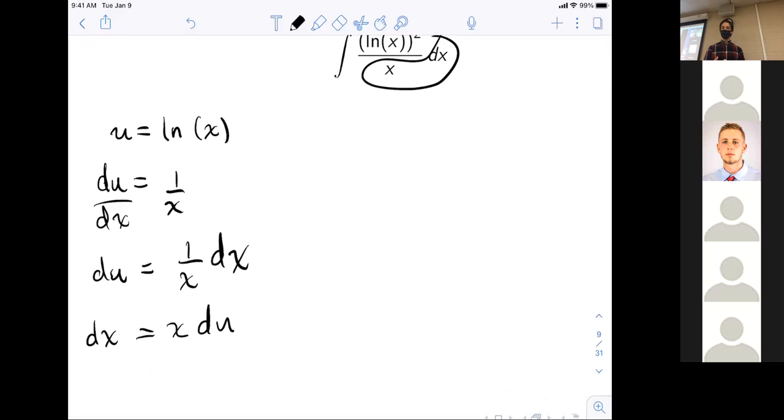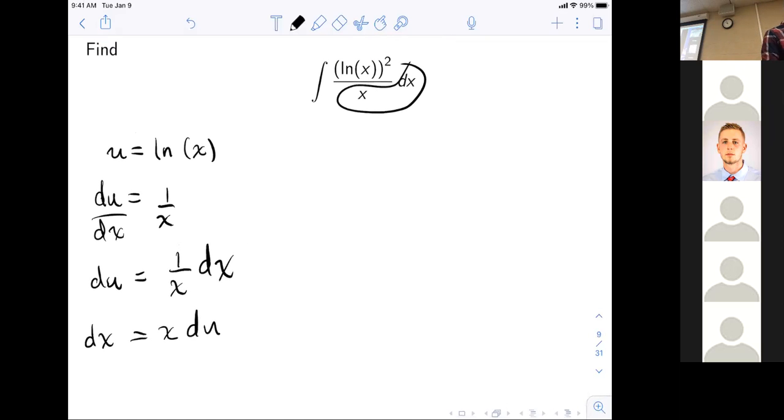Sometimes really the u substitution is less about making the integral simpler and more just about maybe getting rid of some square roots or something like that. So u substitution, again, can be used in a variety of ways. But either way, this becomes the integral of natural log of x squared.